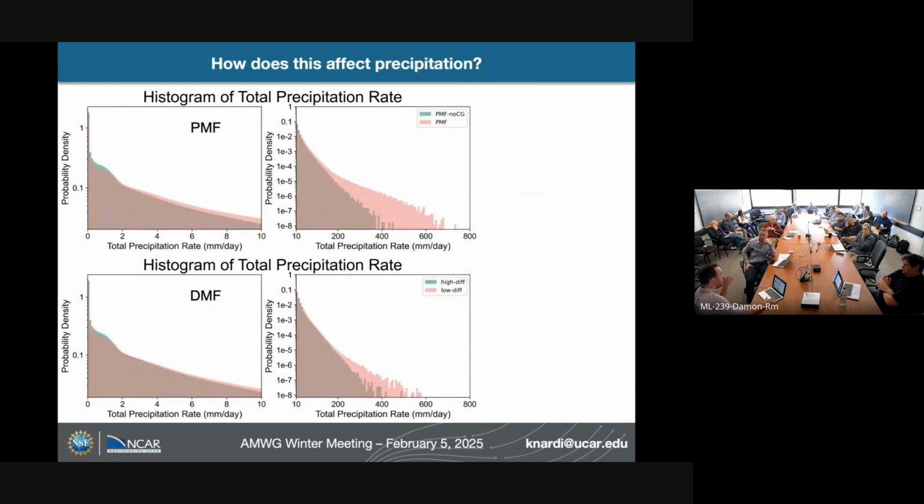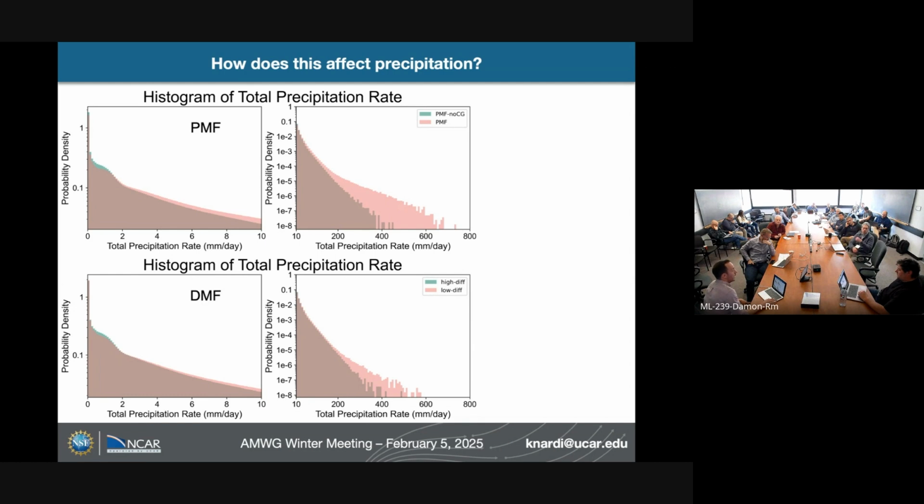And so lastly, I'll show a histogram here of total precipitation rate. So here in the top panel, and these are just partitioned by the higher values precipitation rate, lower values precipitation rate. So the pinks here are prognostic momentum flux. This is averaged over the tropics, all grid points over the time period in the tropics.